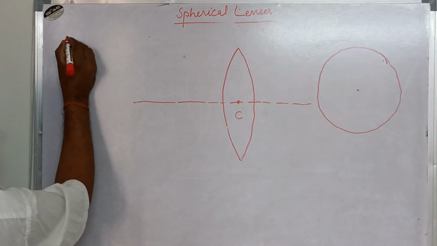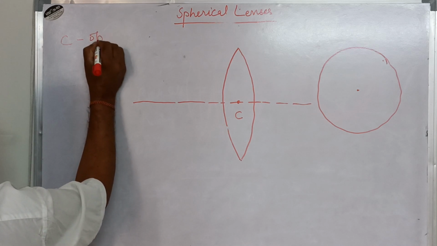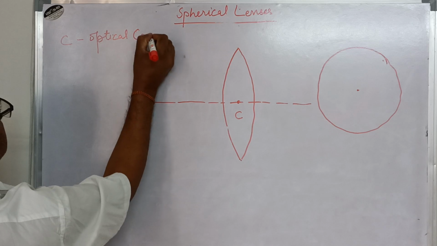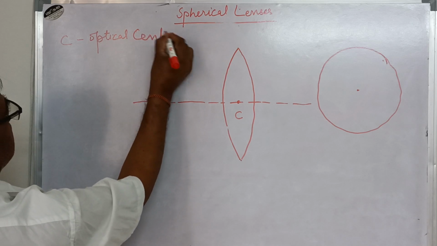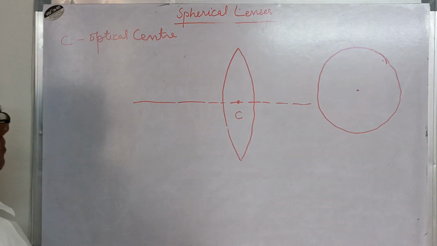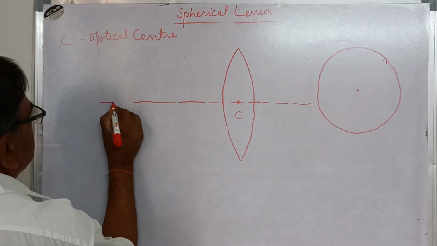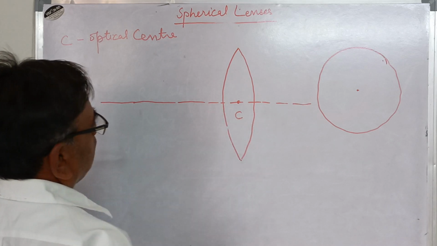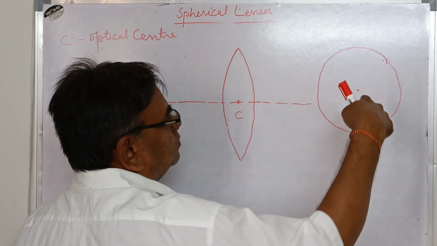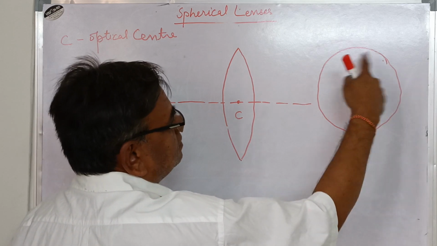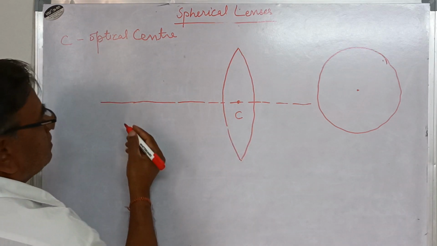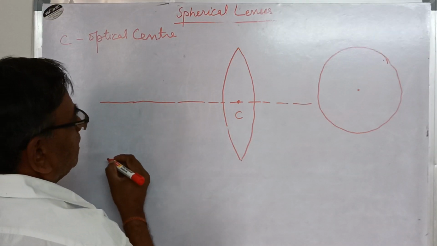C is called the optical center. This will be used again and again, so watch carefully. This is the optical center of the lens and a line passing through the optical center. This is the vertical line in this figure, and the horizontal line in this figure is called the principal axis.